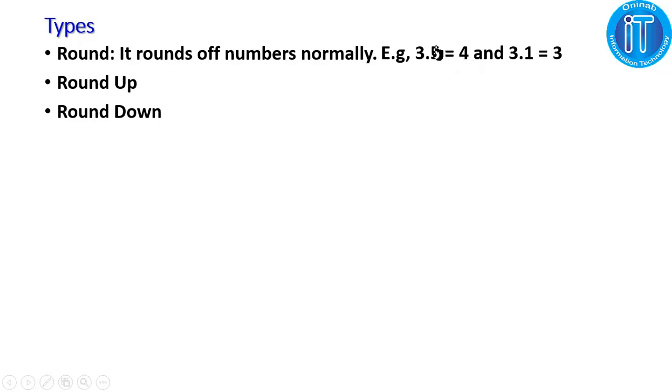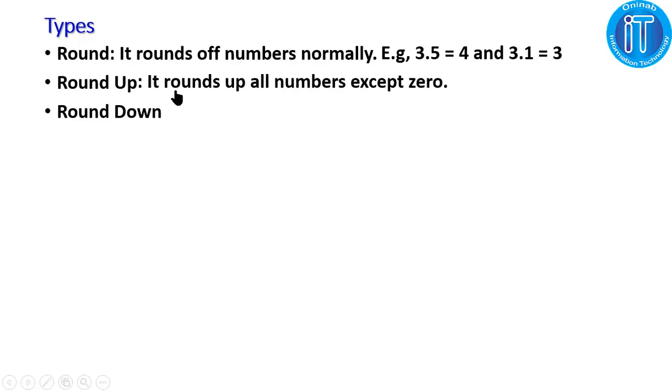Remember, this 5 has been rounded up to become 1 and added to this 3, giving us 4. And 3.1 is equal to 3 to the nearest whole number. This one has been rounded down and then nothing to be added to this 3, and we return 3 as 3.1 to the nearest whole number.